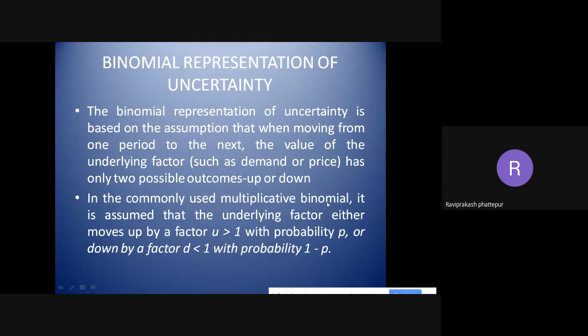That is why they say u greater than 1 with probability p, and d less than 1 with probability 1 minus p. The probability maximum will be 1, so if something has a certain probability of happening, the probability of not happening is 1 minus p.